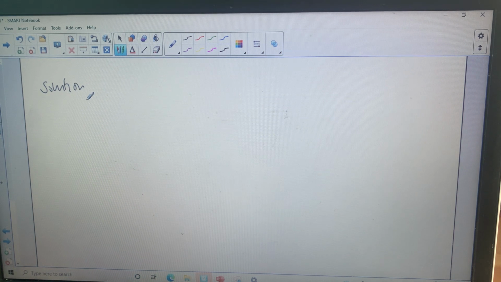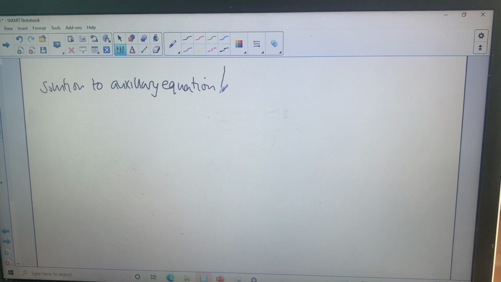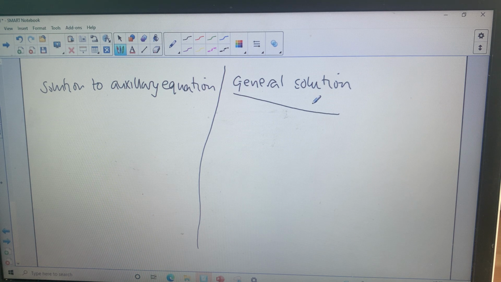First of all, we've got the solution to the auxiliary equation. And here we have your general solution to the differential equation. So this is obviously what we want.